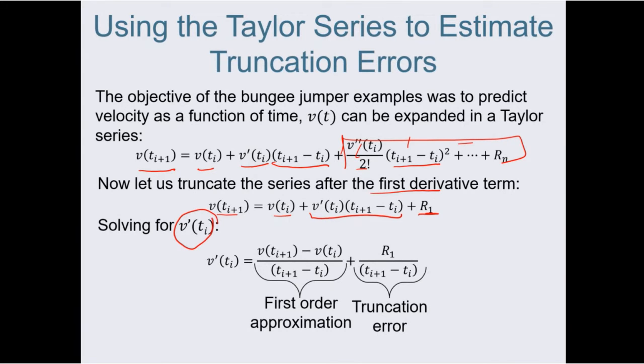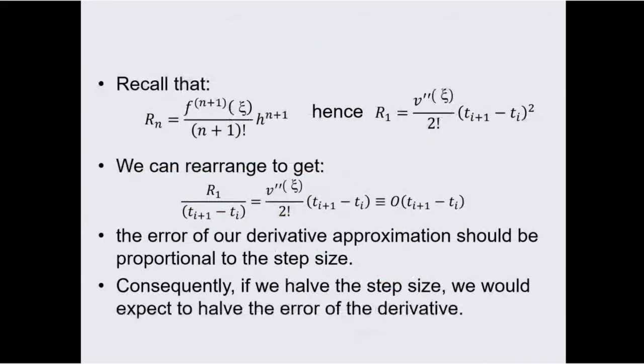Finding the first derivative of the velocity, we get it as v of ti plus 1 minus v of ti divided by ti plus 1 minus ti, and of course we'll have a remainder term. So we say this is the first order approximation for the velocity, and that's the truncation error that you are going to end up with in this approximation.